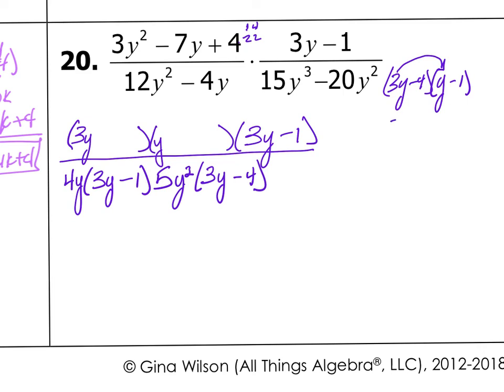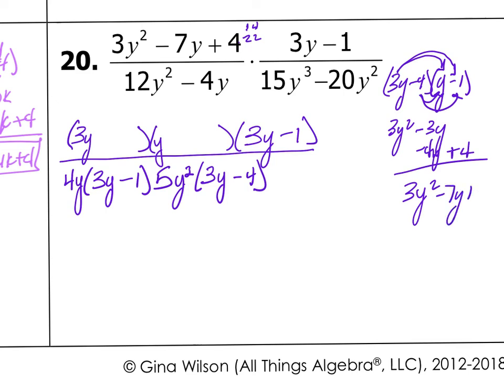3y times y is 3y squared. 3y times negative 1 is negative 3y. Negative 4y times y is negative 4y. And negative 4 times negative 1 is positive 4. So that gives me 3y squared minus 7y plus 4. And that is correct. Okay, so that means I've got 3y minus 4 and y minus 1.